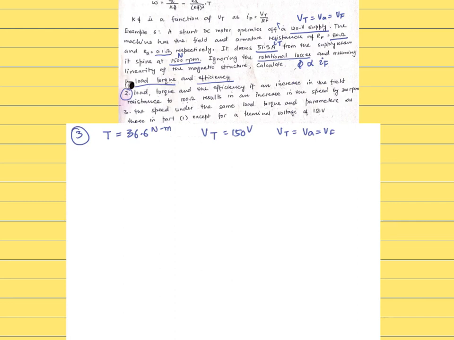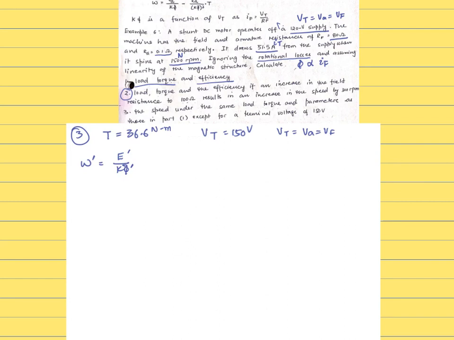Right? What do we need to calculate? The speed. So in order to reach the speed, let's say we're going to use it as omega prime this time. We're going to say E over K phi. And looks like everything will change because we are changing the voltage supply to armature, voltage supply to field. So it's going to change the field current, it's going to change the K phi, it's going to change E. Okay, how those changes are implemented now.